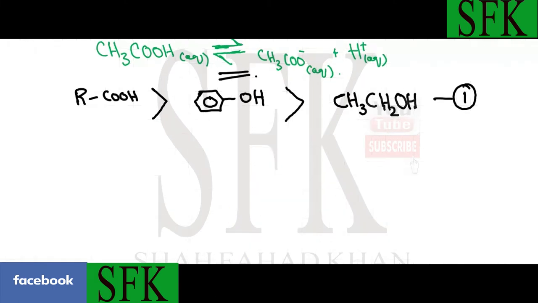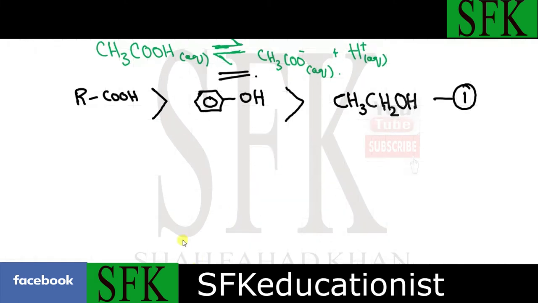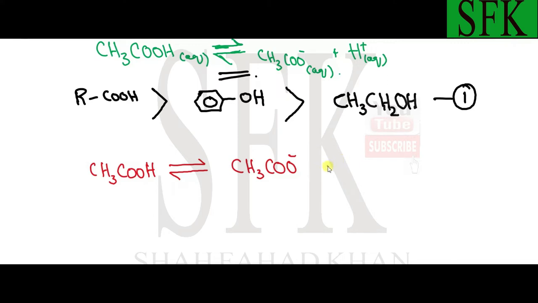In order to explain this, we'll need to go in a bit more detail into the structure and the ionization of the carboxylic acid. I'm taking ethanoic acid as an example. If it dissociates in aqueous solution, it produces ethanoate ion, CH3COO negative ion, and H positive ion. This ethanoate ion over here is our conjugate base, and the ethanoic acid is our acid.